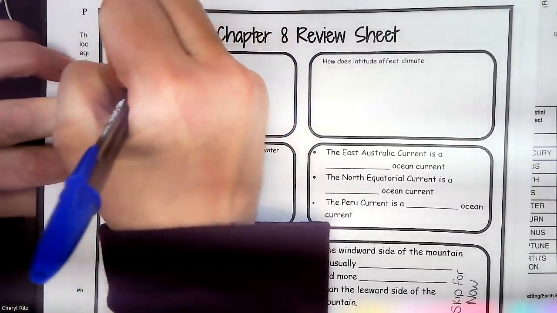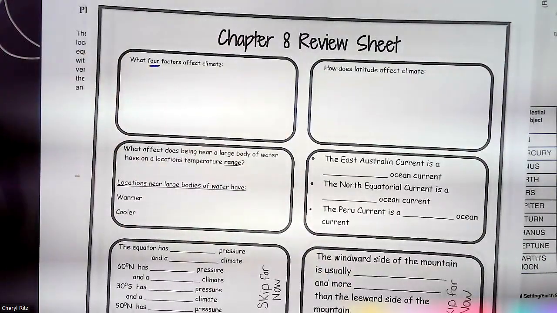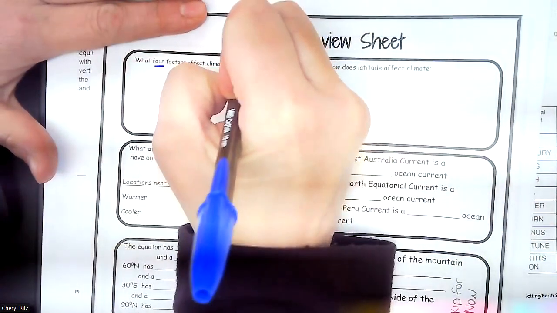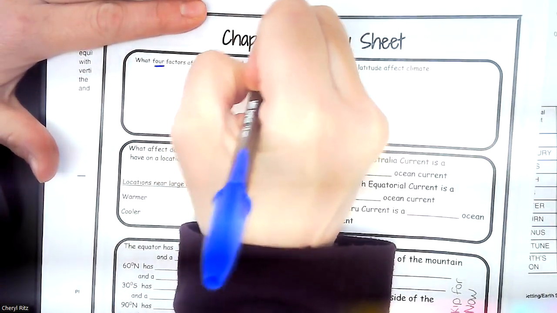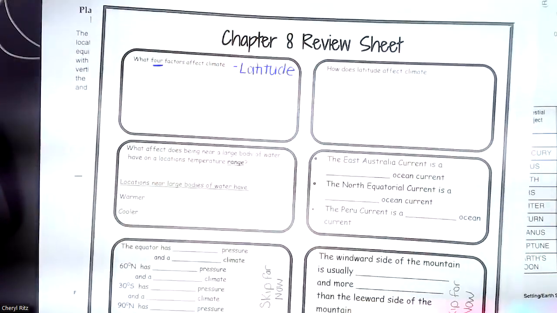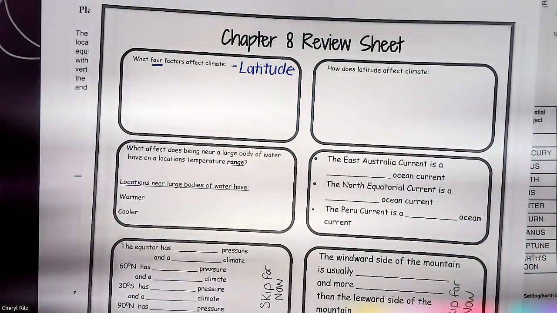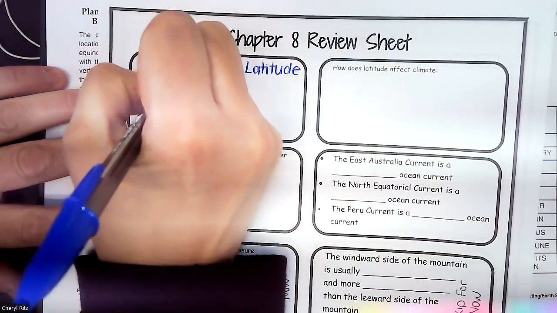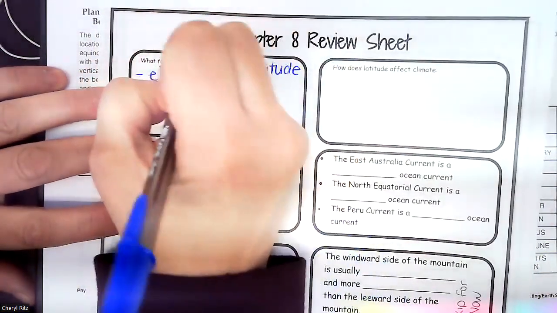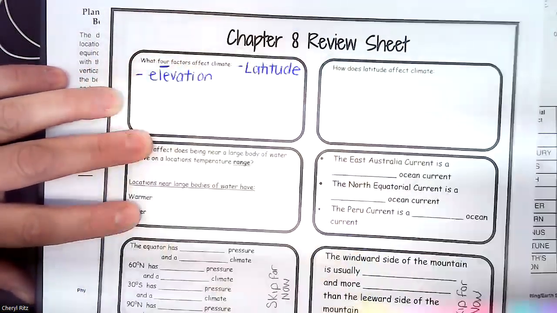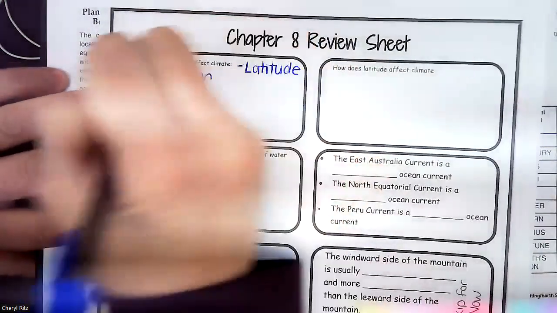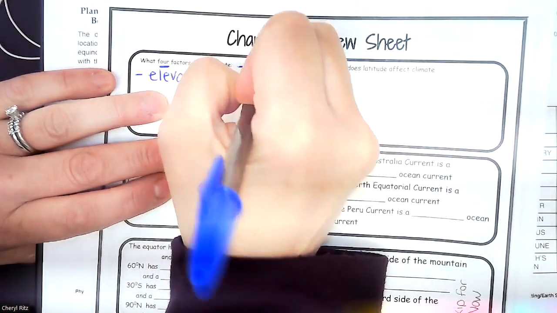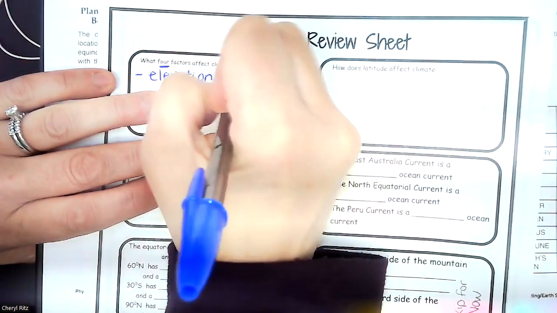There are technically more than 4 factors that affect climate, but I already heard one of them. What's one? Latitude. So the location's latitude will determine its climate. What else? Elevation. Nearness to a body of water.